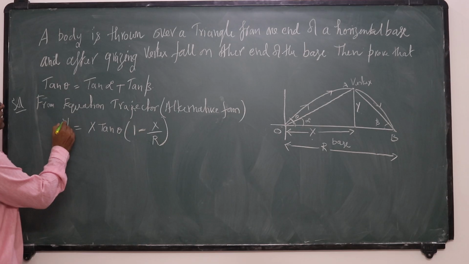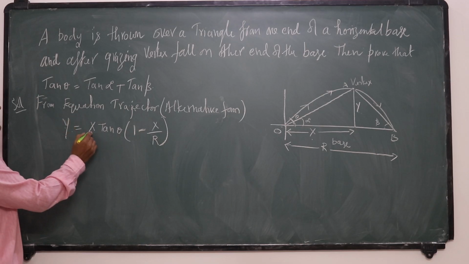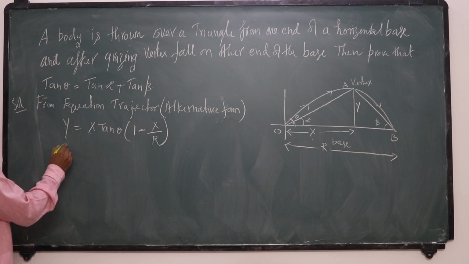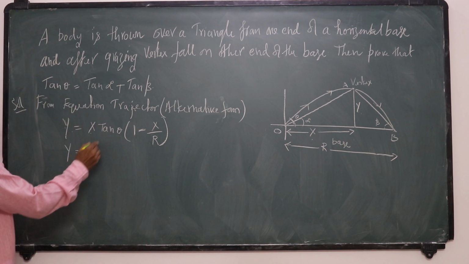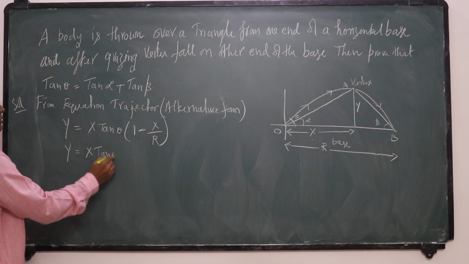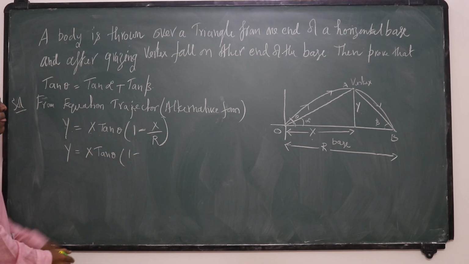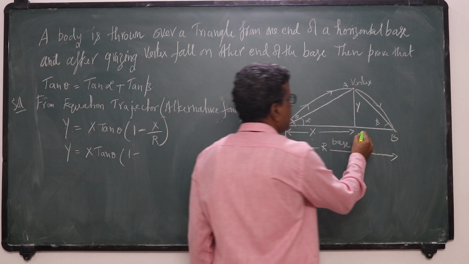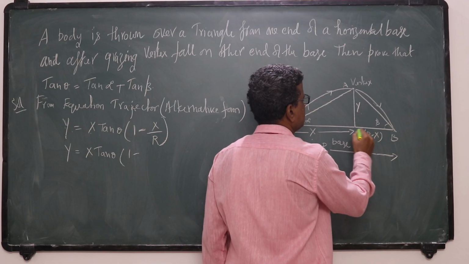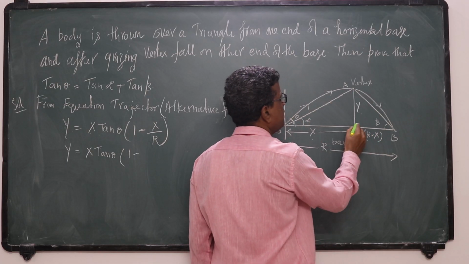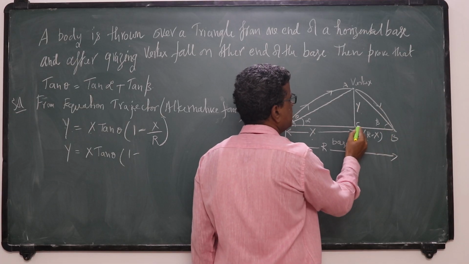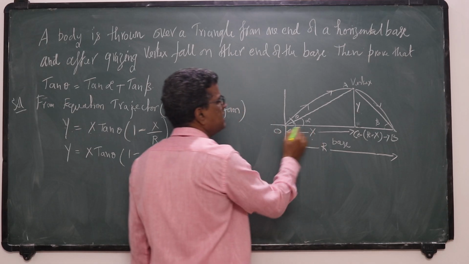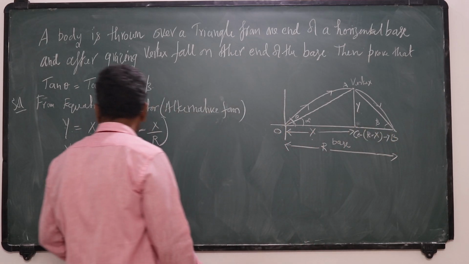So y equals x tan theta times 1 minus x by r. Let this point be C. So BC is r minus x, and this one is x.